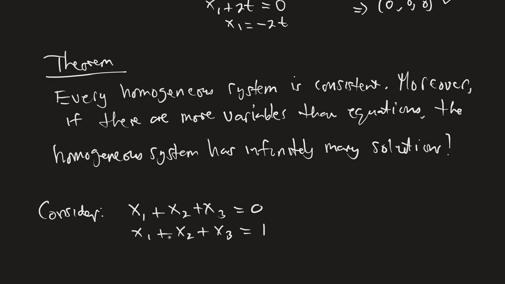Just by looking at the way I've set this up, you can see this makes it non-homogeneous, right? Because we have a non-zero constant here. So this tells me that it's a non-homogeneous system.